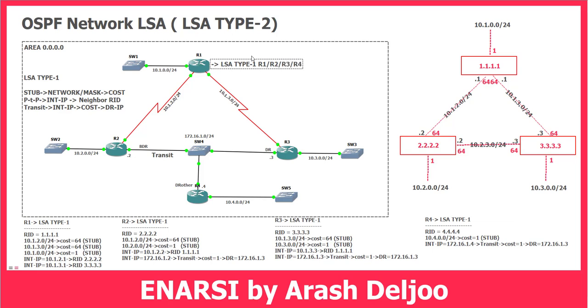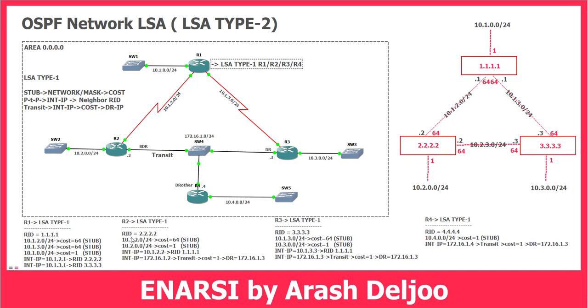Now let me show you what is happening when we have only the LSA type 1. This is our topology. For example, assume that this topology is drawn from the view of router 1. Again we should review all of this information. Let me start from the LSA type 1 of router 2.